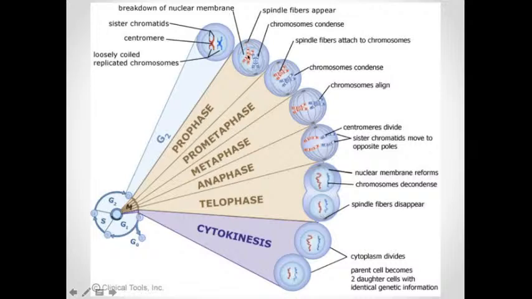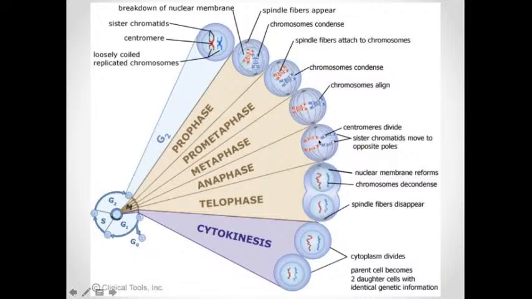The nuclear membrane breaks down in the prophase. Your spindle fibers appear at the poles of your cell. Chromosomes condense in that case. Then in the prometaphase, spindle fibers attach to the chromosomes. Chromosomes condense. Then in the metaphase, they are aligned at 90 degrees at the center.